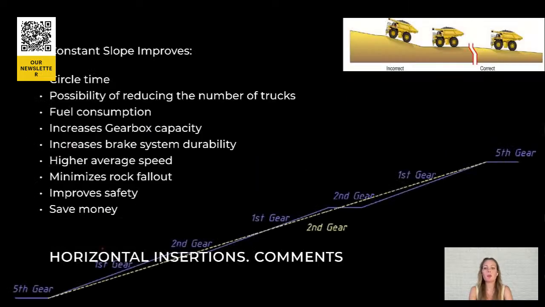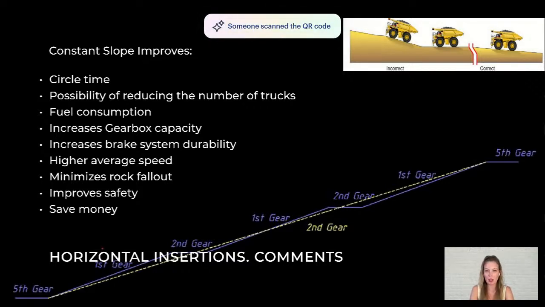And now let's talk about the overall impact of horizontal inserts. One important thing to note is that when there are horizontal inserts on the ramp, vehicles have to constantly switch gears from first to second. In contrast, on the constant slope, vehicles can maintain a steady speed in second gear.